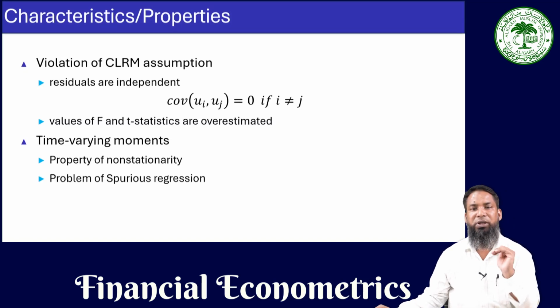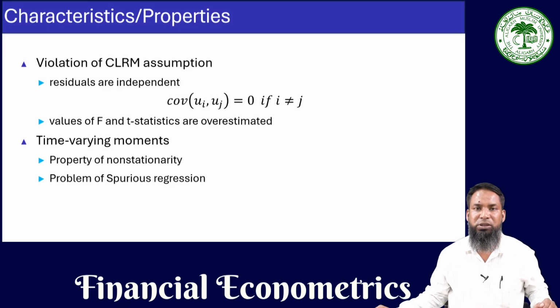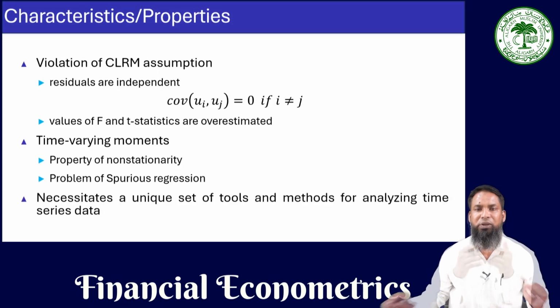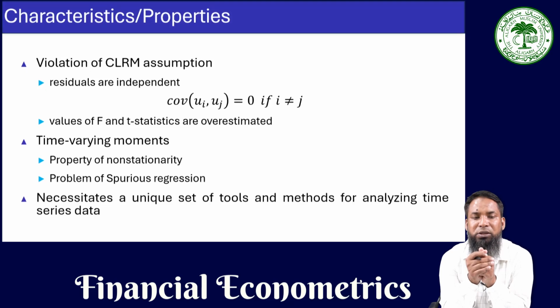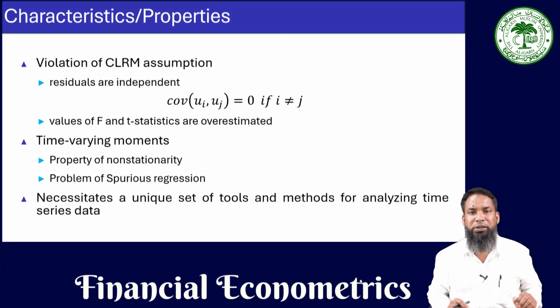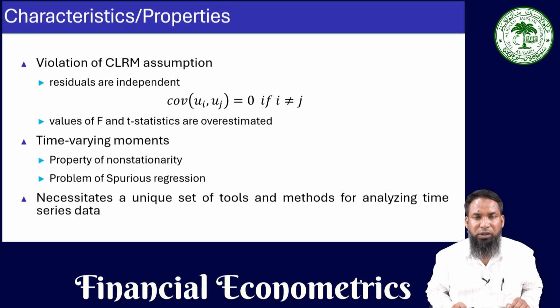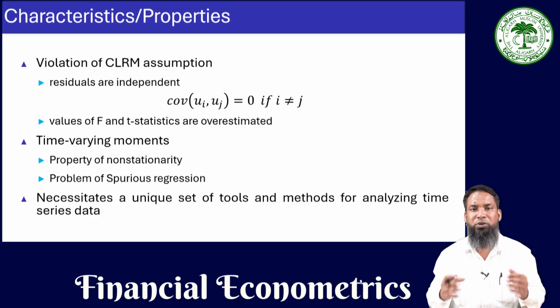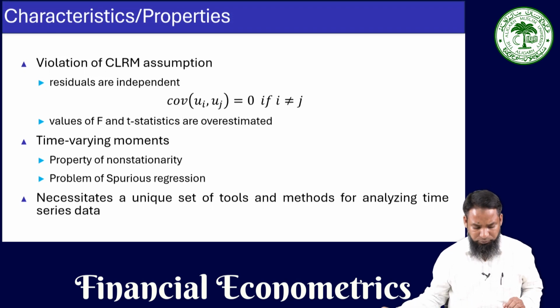That is, in most cases there will be the problem of spurious regression. This necessitates a unique set of tools and methods for analyzing time series. So today we will be talking about the different approaches we have for time series modeling, and the two basic methods we will discuss in detail.